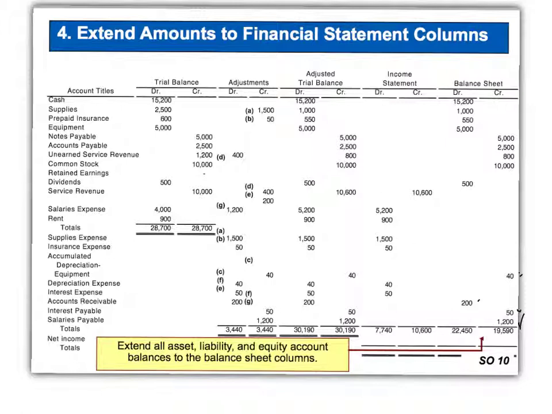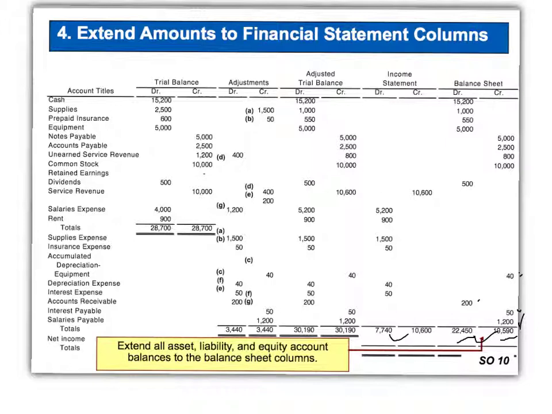When we total the debit side of the balance sheet accounts, we have $22,450, and the credit side is $19,590. So you see the difference between this and this. If it's exactly equal to this and this, we know that once we determine our income, our profit, and add it to the retained earnings, then the balance sheet would balance.